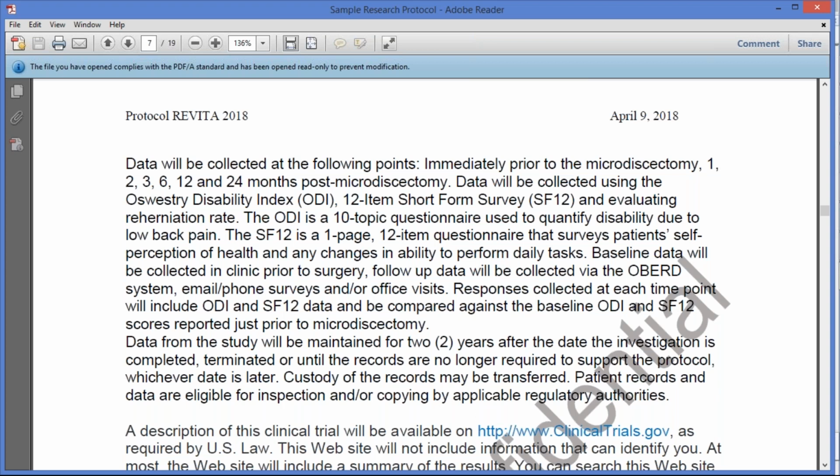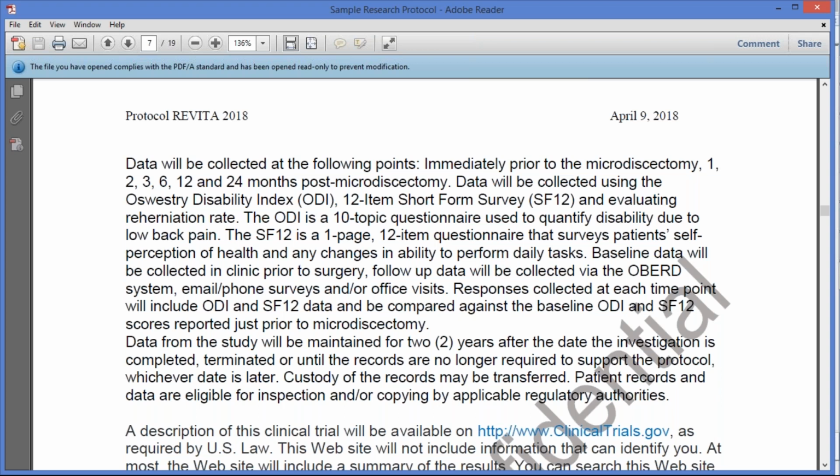After surgery, at the first month, second month, third month, 6th month, 12th month, and 24th month, they must collect the data. Okay, so this is data collection.